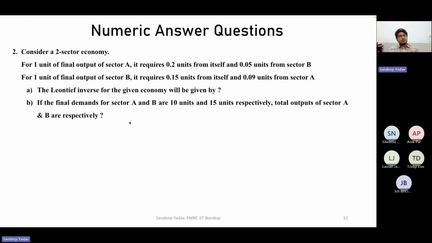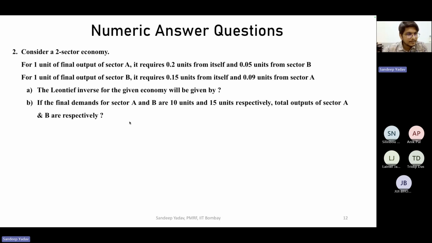So in a similar way, we'll solve this question. Consider a two-sector economy. For a unit of final output of sector A, it requires 0.2 units from itself and 0.5 units from sector B. For a unit of final output of sector B, it requires 0.15 units from itself and 0.9 units from sector A. We have to calculate the Leontief inverse for the given economy.